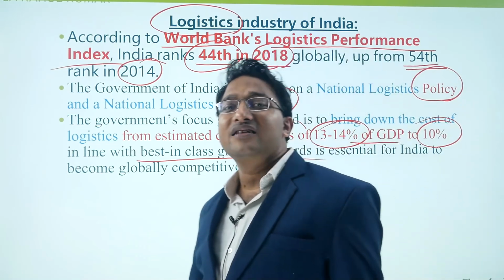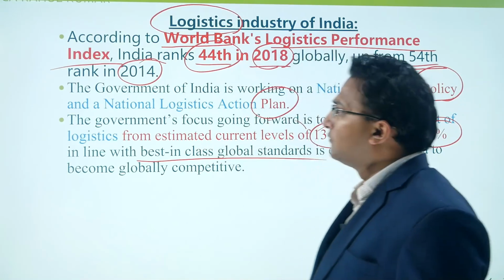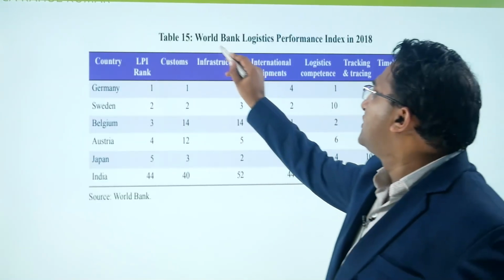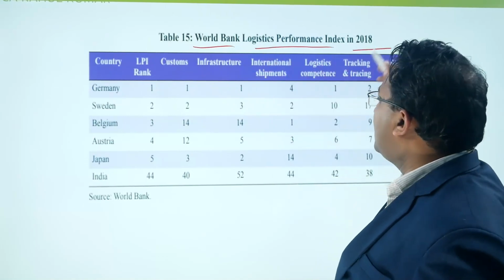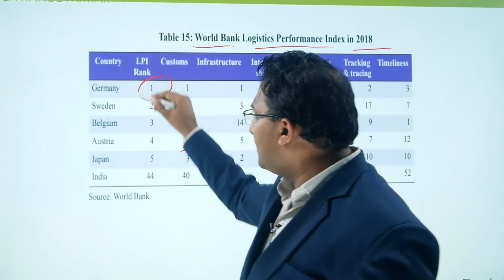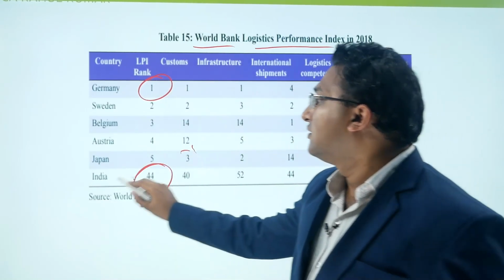So this will increase the India's exports because India's cost of production will decrease. So you can see World Bank Logistics Performance Index in 2018. The first rank goes to the Germany and India is occupying 44th rank. Source is the World Bank.